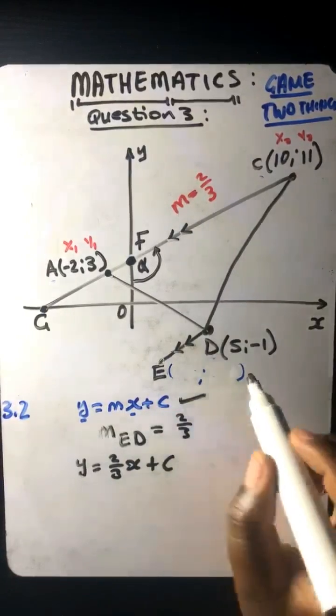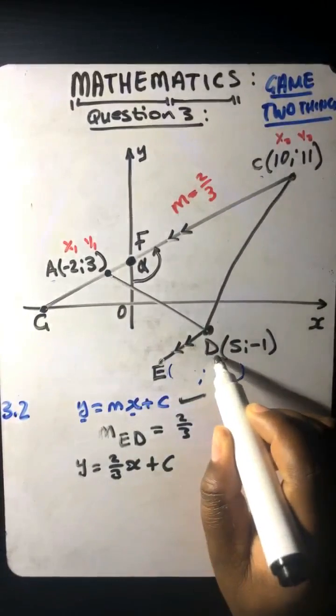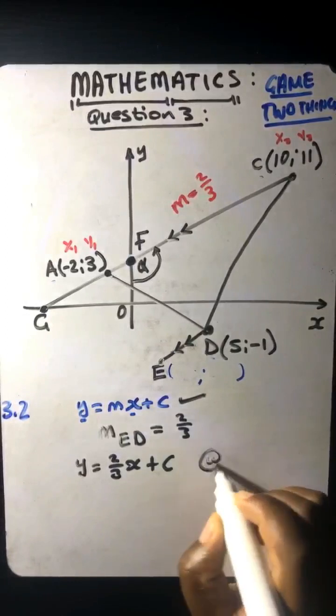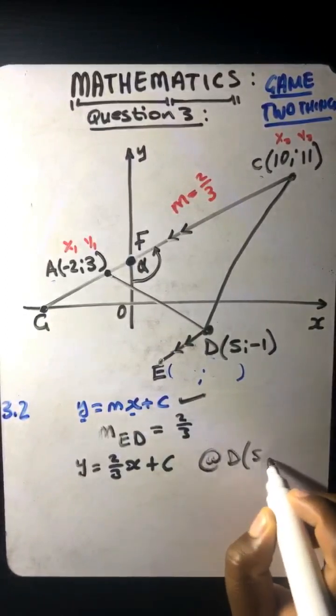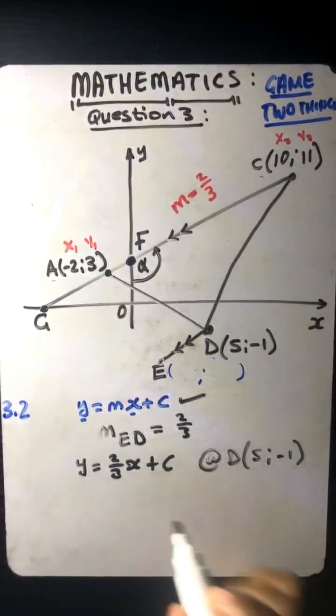Okay, so now do we have the coordinates of point D or E? Point D. We have point D. So that is why we are going to say at point D, which has these coordinates, all that you do is use that point to calculate the c value.